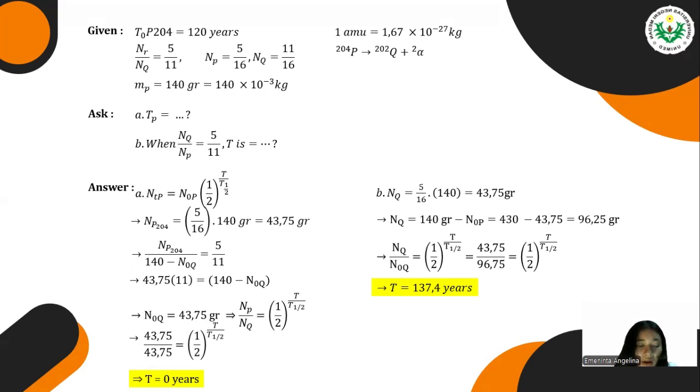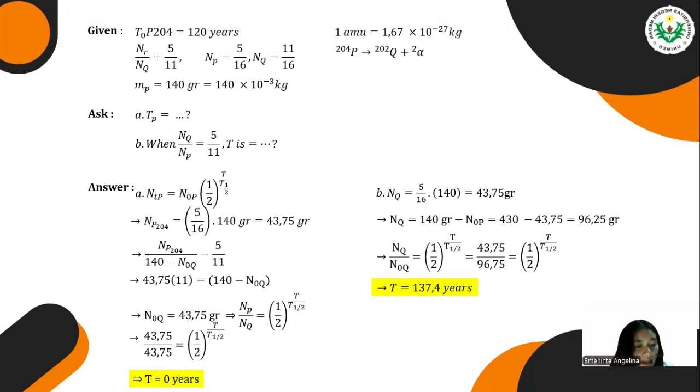From the question, we substitute the N0P and we get NP is equal to 5 over 16 times 140 gram, which is equal to 43.75 gram.